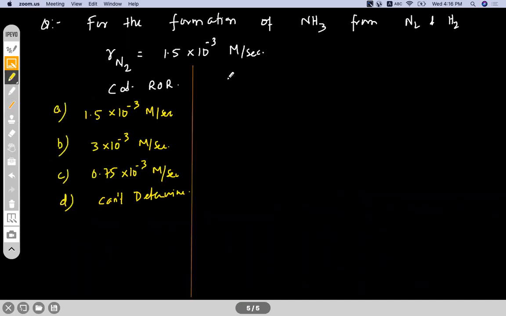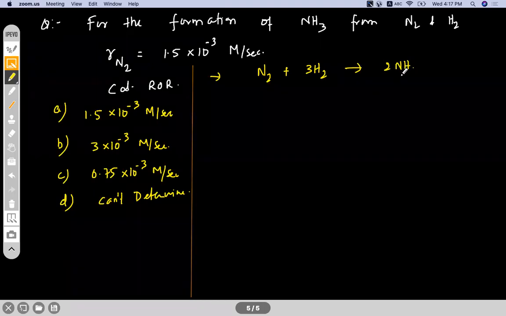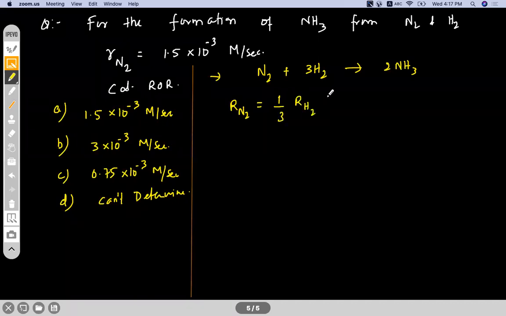Okay. So what is the reaction we should write here? N2 plus 3H2 gives 2NH3. So we can write the rate of N2 is equal to 1 by 3 of rate of H2, can we write this, is equal to 1 by 2 of rate of NH3.